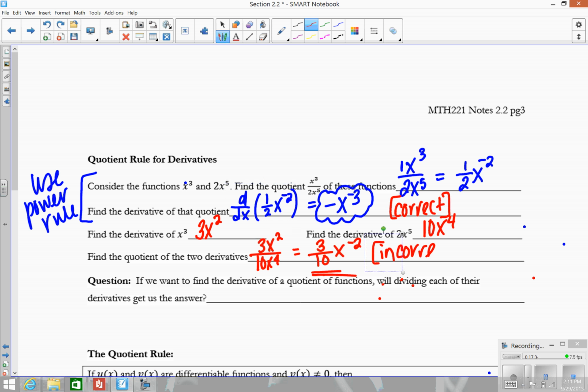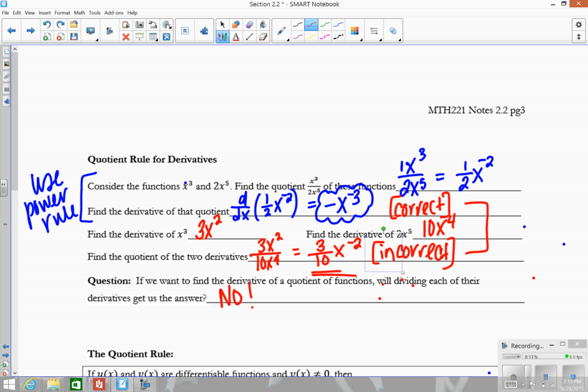So there's got to be another way to find the derivative of a quotient other than actually reducing first to get it into that power rule format. And the way that we know it can't be is what we just did here, because these don't match. So again, if you want to find the derivative of a quotient, will dividing each of the derivatives get us the answer? The answer to that is no. So you have to do something further.